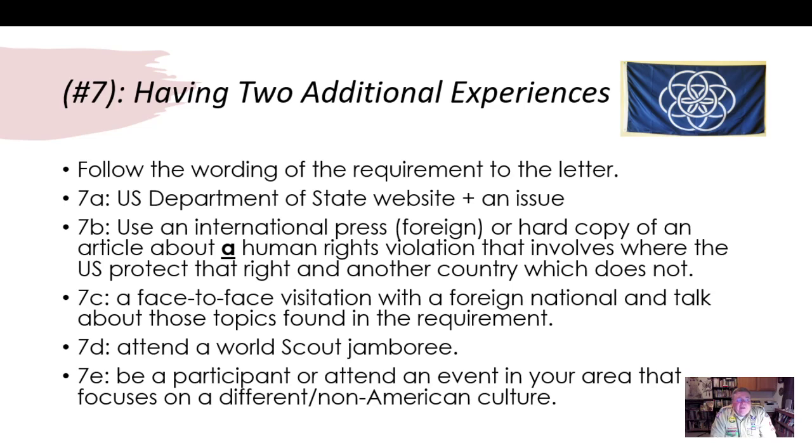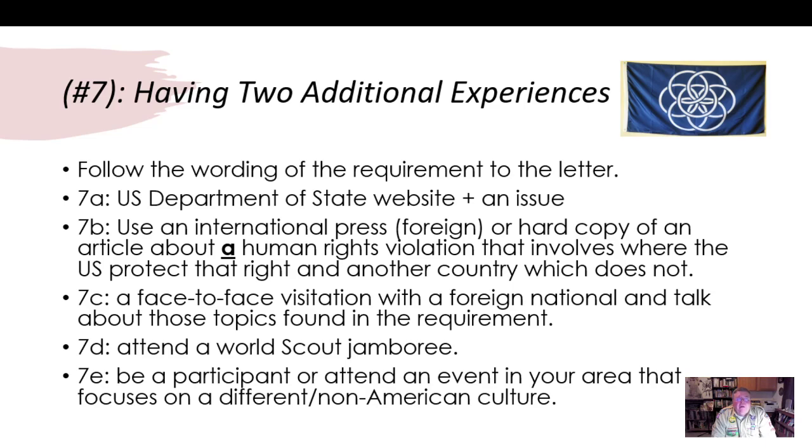In number 7, your last requirement asks you to have 2 additional experiences, either in terms of research or actually engaging in some type of activity. What's really important with number 7 is you have to follow the wording of the requirement to the letter. So in 7A, you have to go to the U.S. Department of State website.